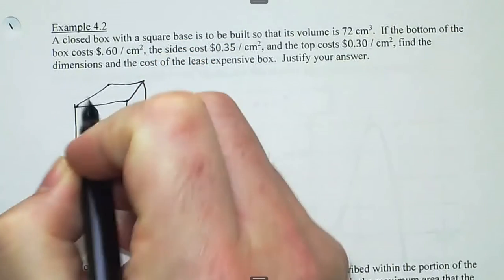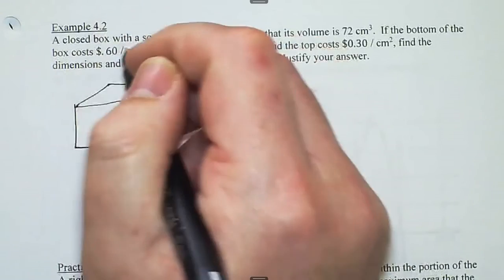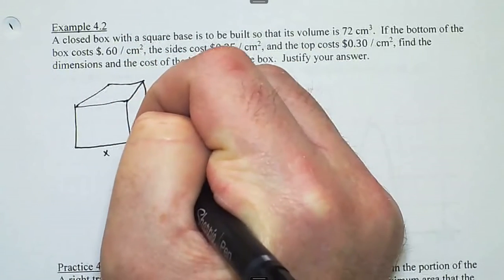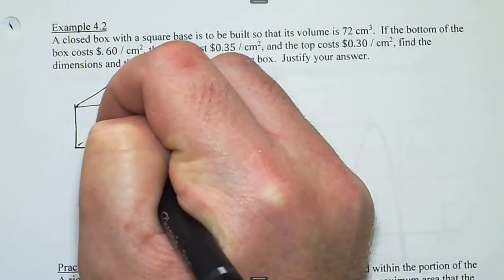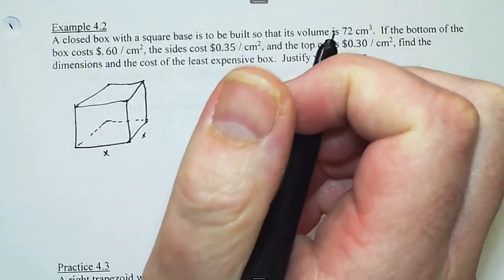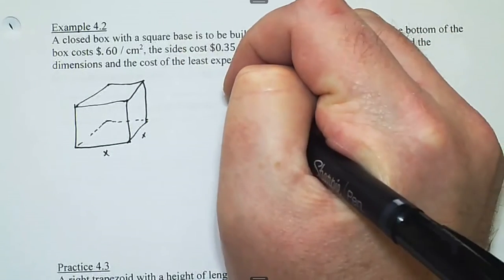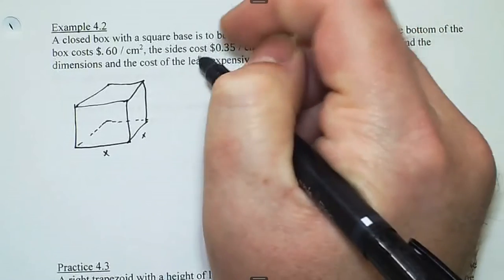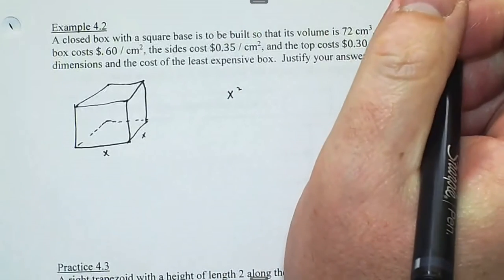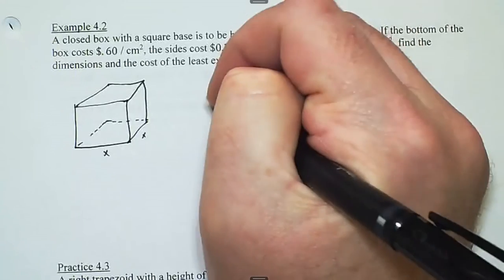Okay, the bottom cost this much per square centimeter. Now remember, it said it's a square base, so I'll call that x. So I know that x squared will cost 60 cents.